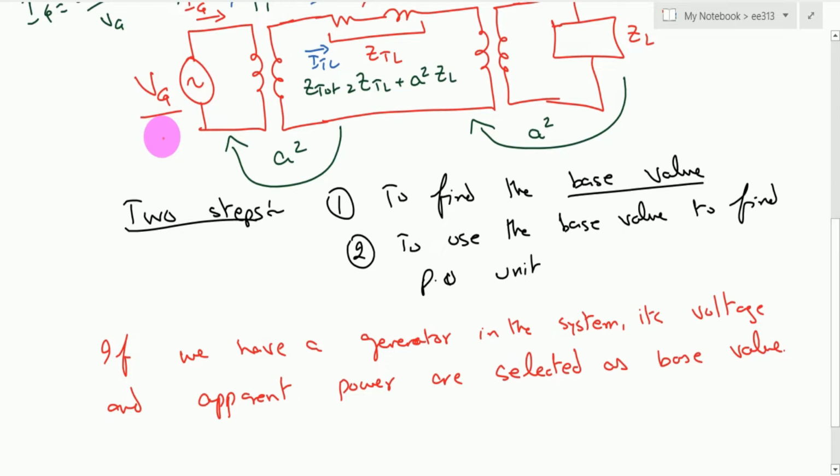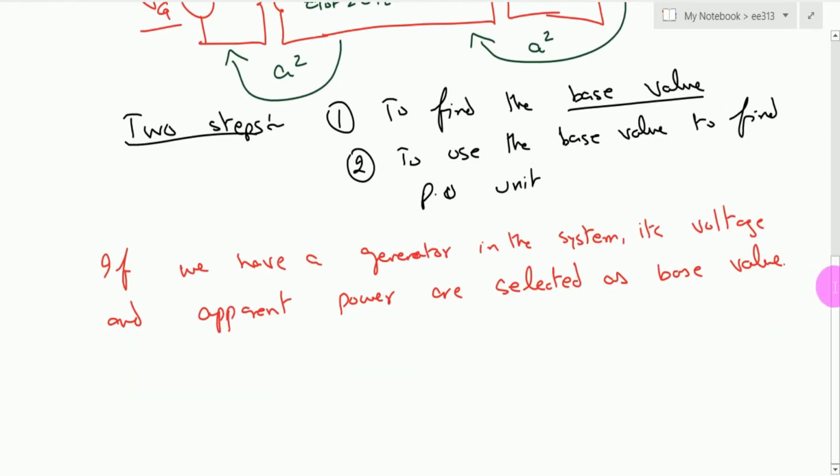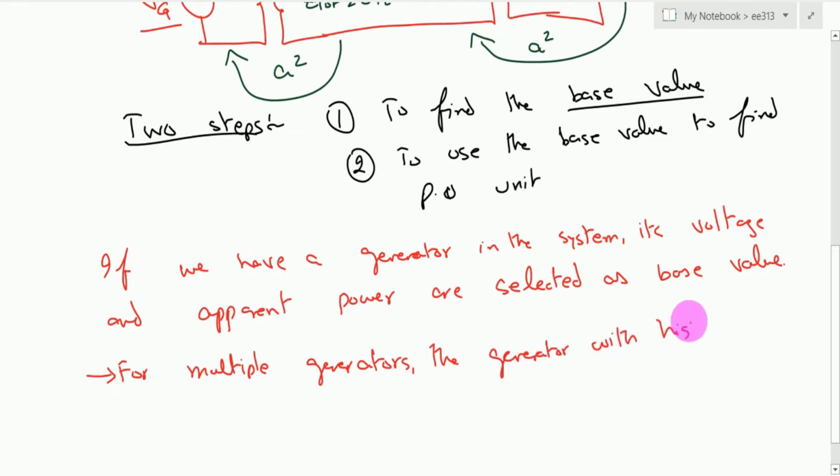If we have multiple generators connected in a given system, then the generator with the highest rating is selected as a base value.